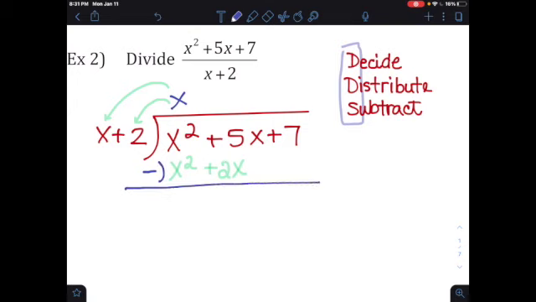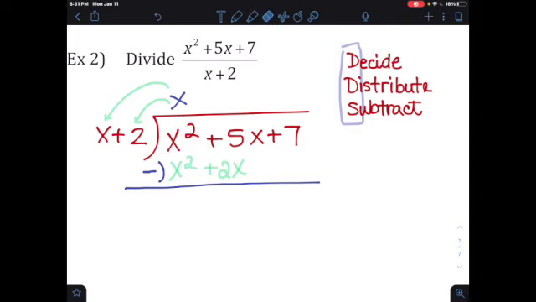And then it's going to be x squared. Listen to what I'm saying. X squared minus x squared. X squared minus this x squared. Well, x squared minus x squared is gone. Nothing is left. We are going to have nothing there.